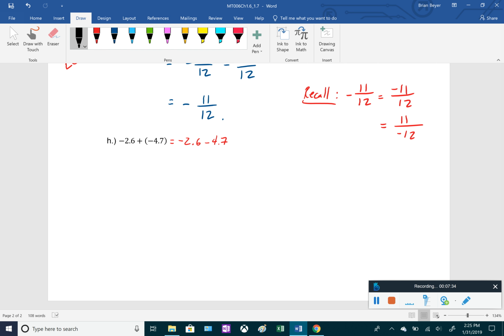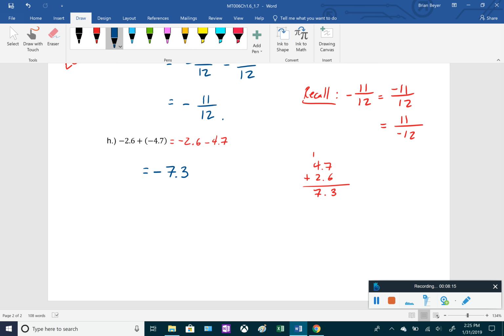So I'm going to do this on the side and add it like this, and then my answer is just going to be negative. Adding down columns: 7 plus 6 is 13, carry the 1, bring down the decimal. 4 plus 2 is 6, plus the 1 is 7. So our answer is negative 7.3, because they were both negative, and we were subtracting a number. It's the same as the positive and adding, but with a different plus or minus sign out in front.